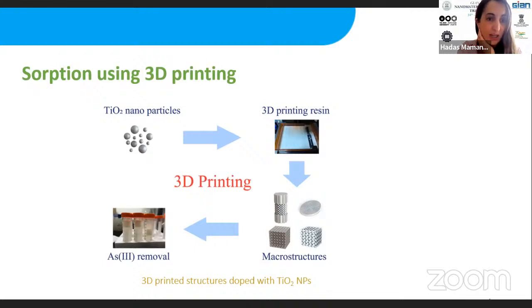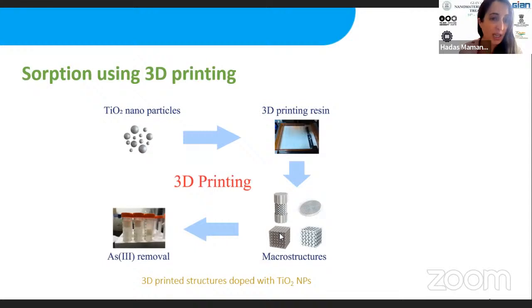Okay, so titanium nanoparticles were absorbed into the resin, and they were extruded through 3D printing machines to 3D print different macrostructures that have the resin. So the resin could be, for example, PLA, polylactic acid, or something like that, with inclusion of nanoparticles into it, and then 3D printing different structures.